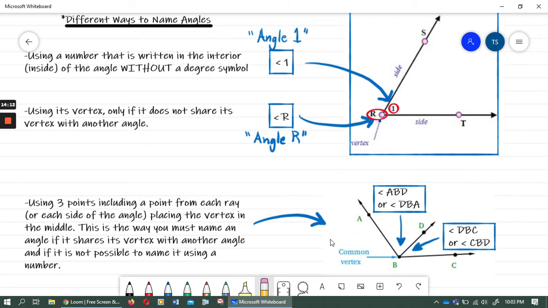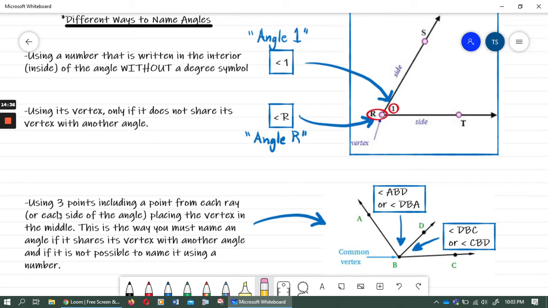Now, guys, the only time you would really need to use 3 points to name an angle is if you have an angle that shares its vertex with another angle.